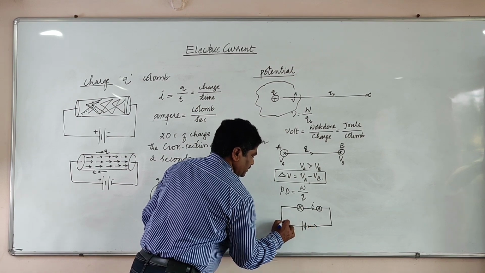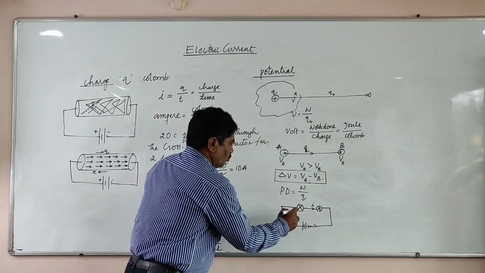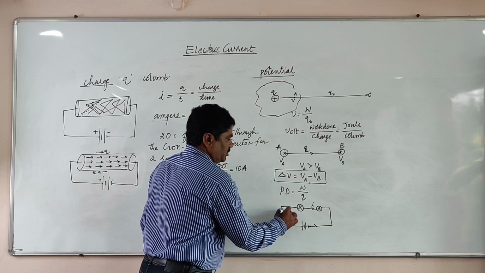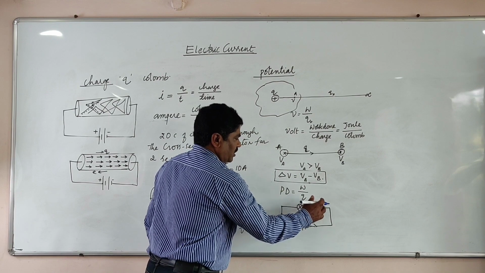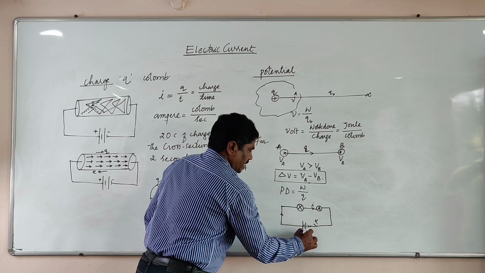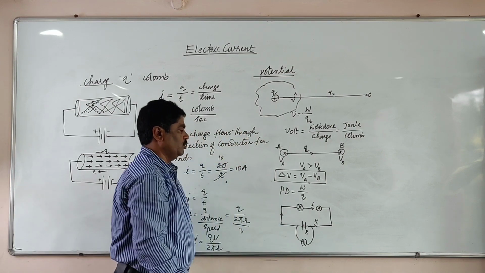This is the simple electric circuit. What is a simple electric circuit? A closed circuit of conducting wire connecting a load, an ammeter, a key, a battery, and also a voltmeter.